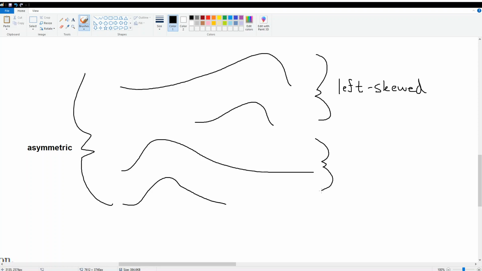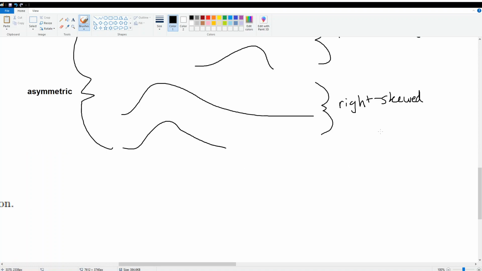These two, since the tails go off to the right, i.e. the right end is where the goofy stuff is happening, we call these right skewed. So, shorthand, the direction of the goofy tail is the direction of the skew.